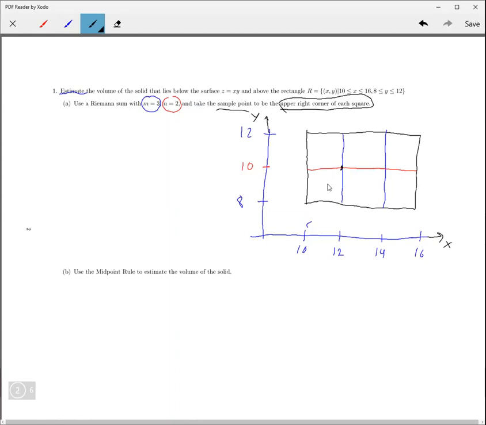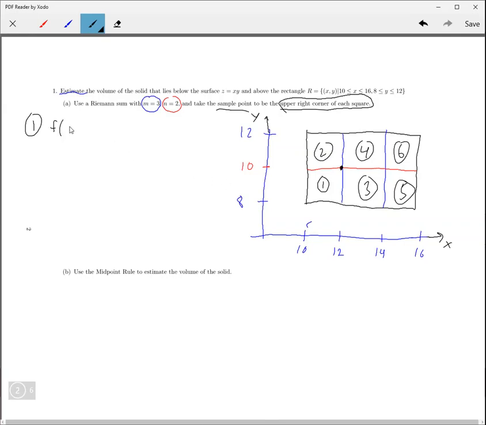Let me label these. We'll say this is 1, this is 2. Wait, no. 3, 4, 5, and 6. Okay, so for 1, the upper right-hand corner, what are the coordinates of that point? 12, 10.